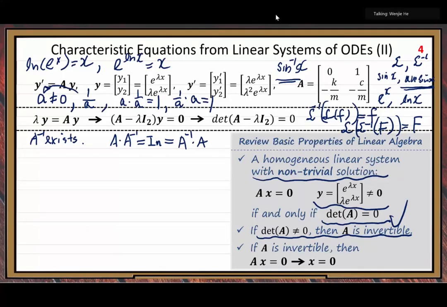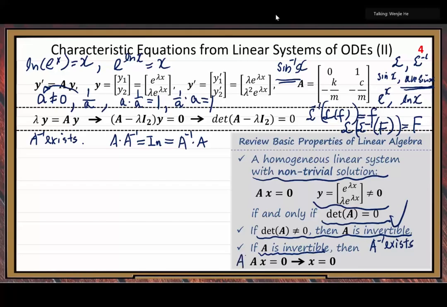Now you know A is invertible. That means its inverse exists. If it exists, you can multiply A inverse on both sides.